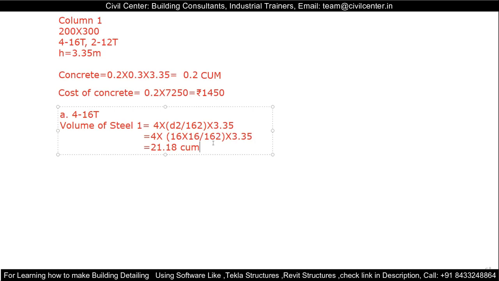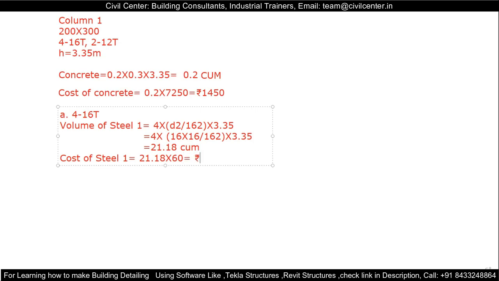Okay, now we will go for the cost of steel one. Steel 1, and let's calculate it. So per cubic meter we have to pay 60 rupees. Okay, so we will just multiply this. So this is coming 21.18 into 60.